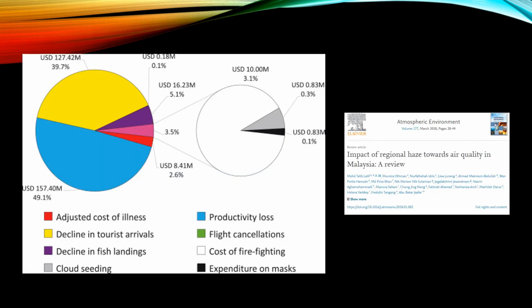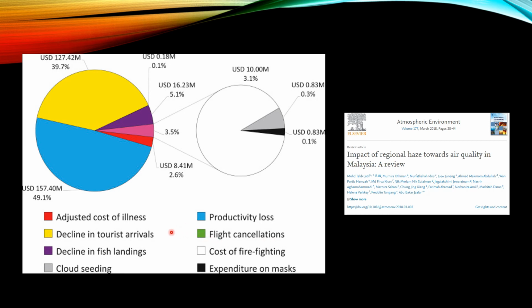What are the impacts of severely, very poor air quality because of the haze? So these pie charts show that the problems relate to productivity loss. Okay, people are less productive because of the haze.